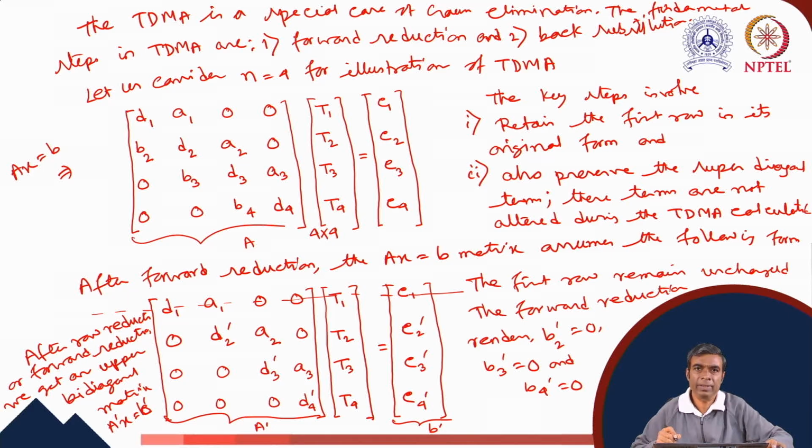It means that the subdiagonal terms B2, B3 and B4 are eliminated during the elementary row operations. So this leads to the change of the diagonal terms from the second row or the second equation to the last row and last equation, and this is reflected also in the right hand side variable. So all the C values change from C2 up to Cn. These terms become C2 dash, C3 dash up to Cn dash.